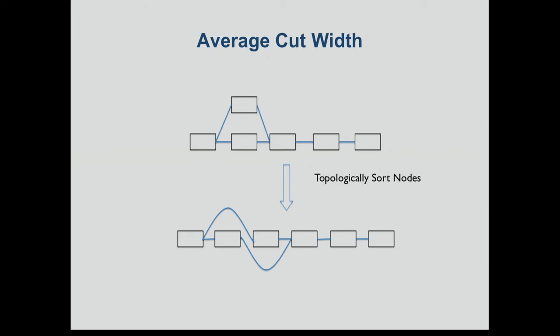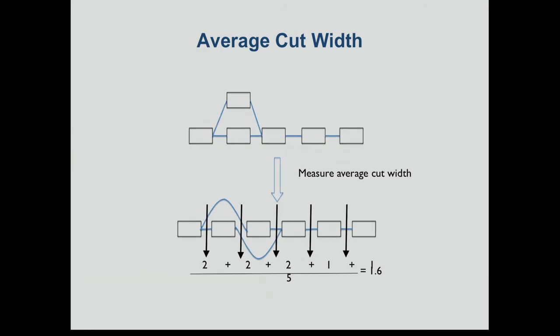You might ask, did we sort them in an order that minimizes the average cut width? We didn't do that because we looked at Dick Karp's paper, and it showed that basically that was NP complete. This goes back quite a ways. So we have a heuristic topological sort to do this.